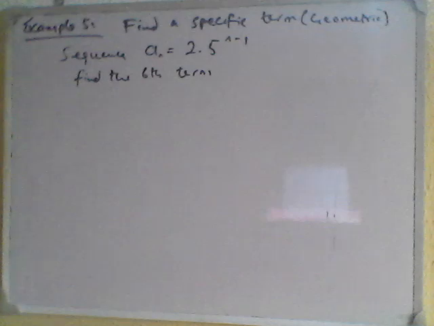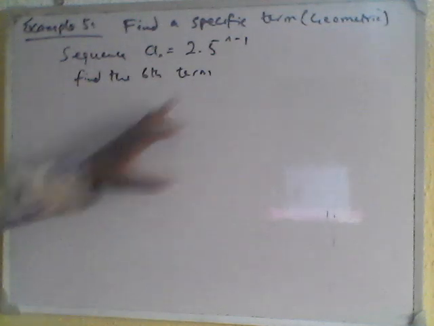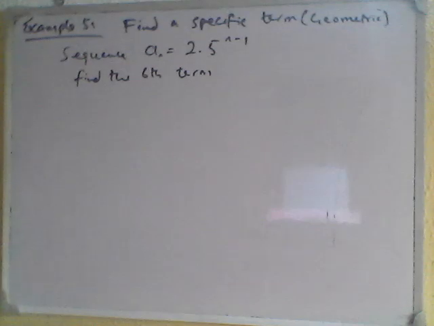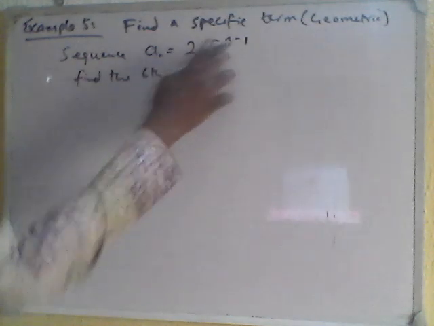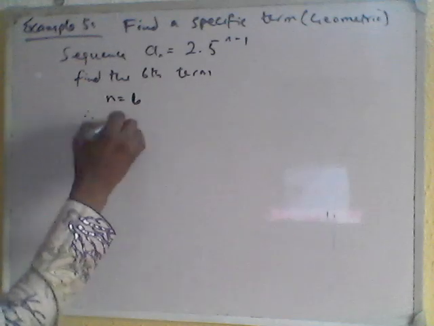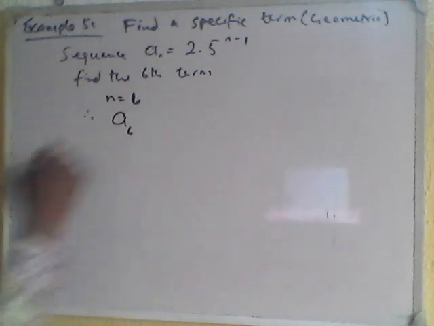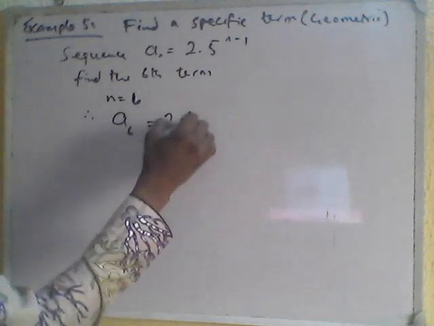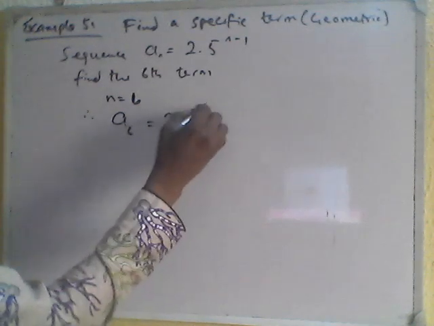Okay, so we're asked to find the sixth term of this geometric sequence. It's just a matter of putting 6 where n is, right? So n is equal to 6, therefore a6, the sixth term, is equal to 2 times 5 raised to power 6 minus 1.